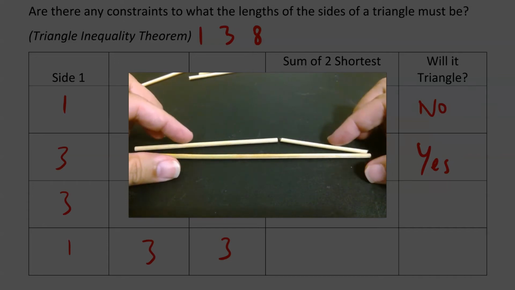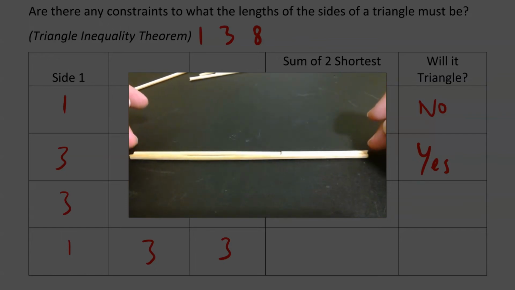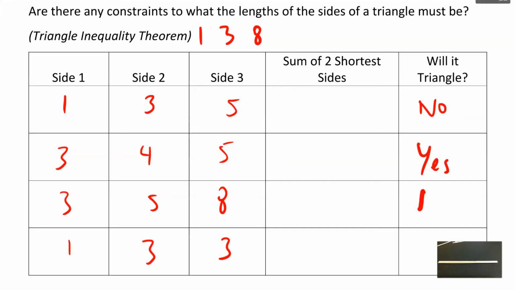Oh, almost, but no. It actually doesn't. For me to get all of the sides to touch, I find out they're the same thing. It kind of just makes a line, doubled over onto itself. So a 3, 5, 8 did not make a triangle.